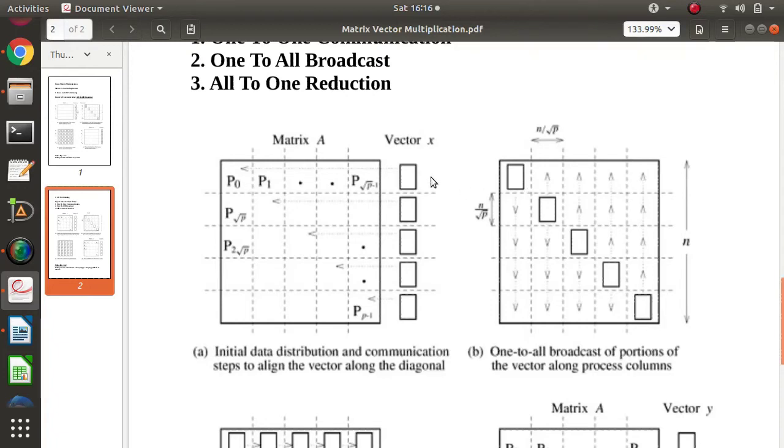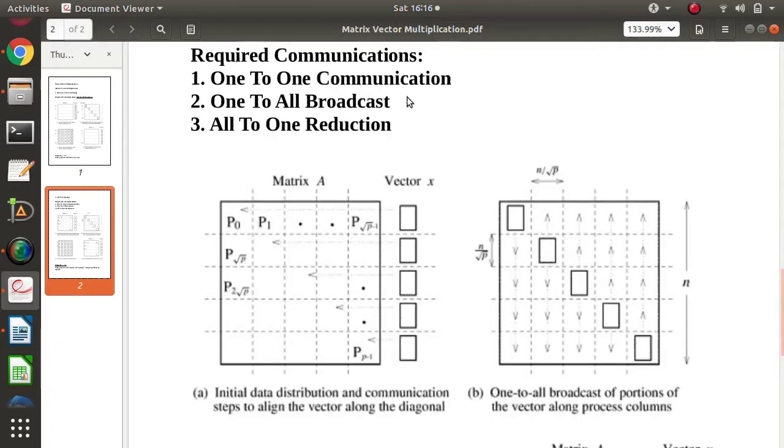So the first step is one-to-one communication. This element is held by this process, so it will share it with this process. This process is holding this value, so it will share it with this diagonal process.